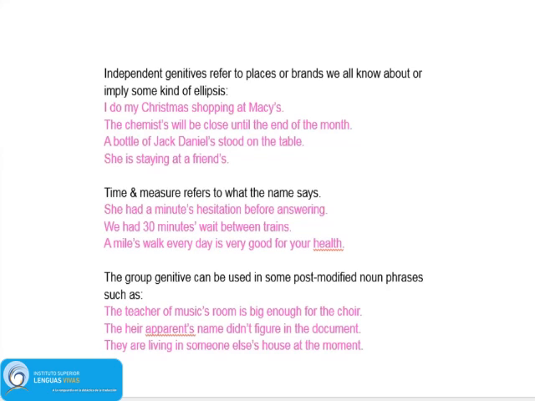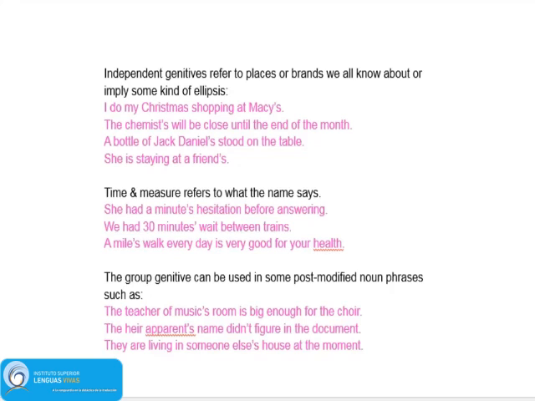If you say, "I do my Christmas shopping at Macy's," we know that Macy's is a very big department store, and the Macy's will go with an apostrophe S. If you say "the chemist's" or "the grocer's," there also we will have an apostrophe S, and those refer to small neighborhood shops that belong to only one owner. So there you have the chemist's, and it means that the shop belongs to the chemist, yes?